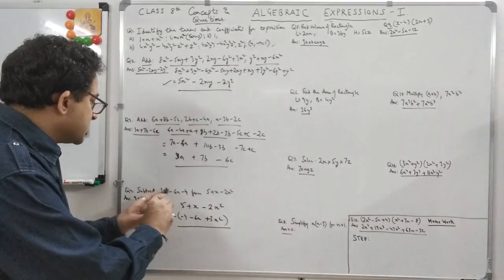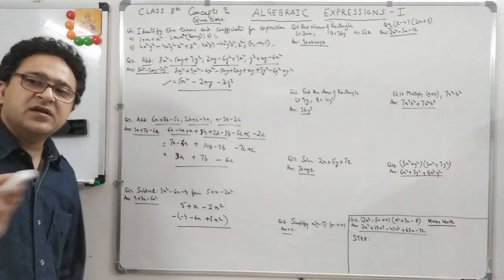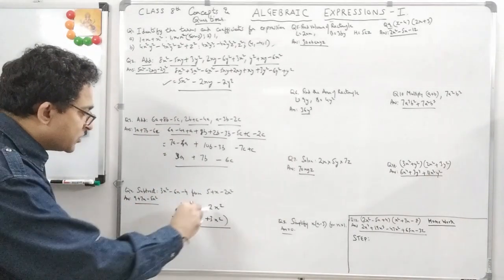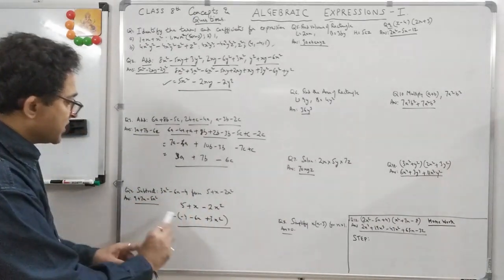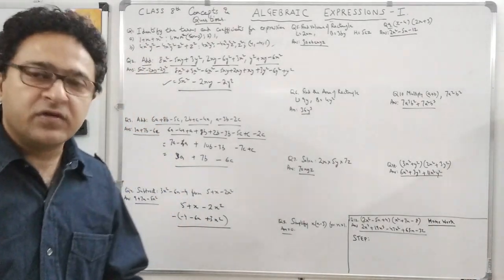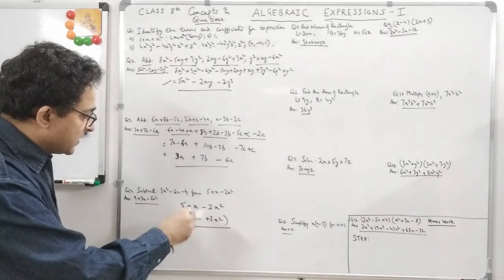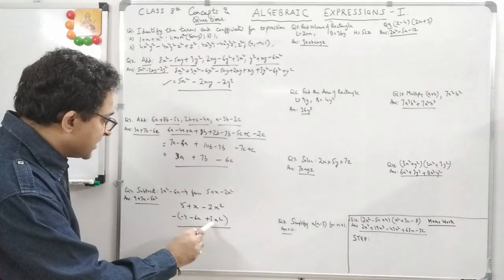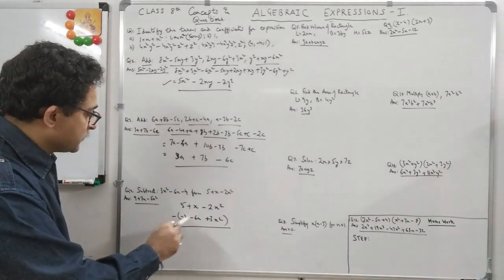Don't get worried about the signs, just put the same expression, put a minus sign because it's minus, then put a bracket before the expression starts. If you are doing it in the horizontal form, it all gets clubbed, so I put 3x square, then minus 6x, and then minus 4.